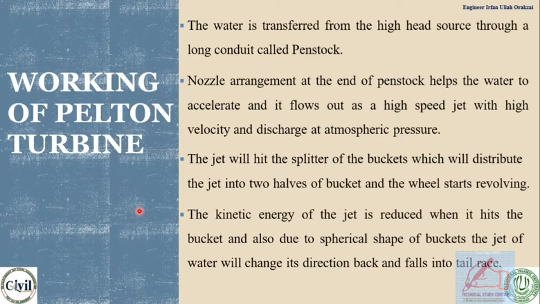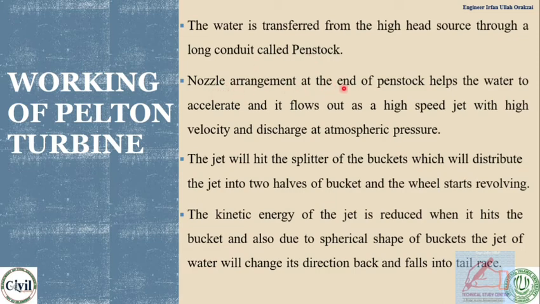So the working principle of the Pelton turbine, step by step. The water is transferred from a high head source like dams and other reservoirs to a long conduit called the penstock. At the end of the penstock there is a nozzle.